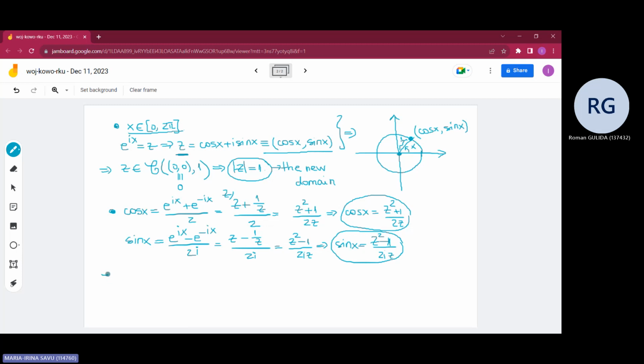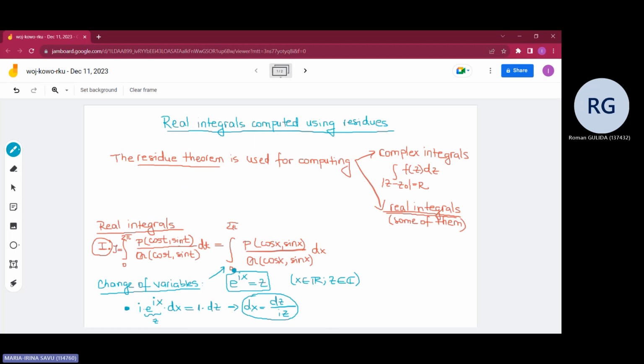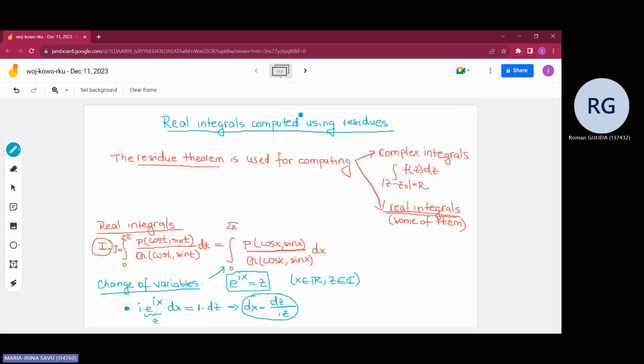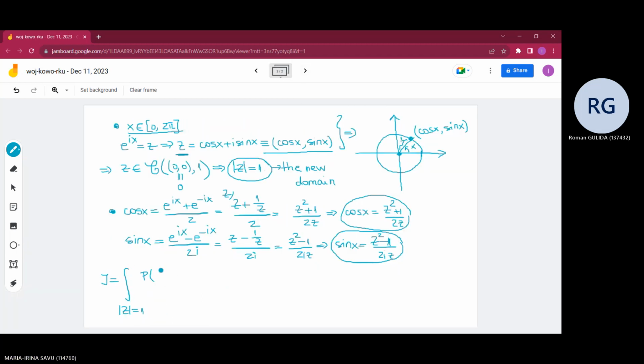And now I will have this integral. So instead of this domain, which is 0 to pi, you will have this new domain, which is modulo of z equals 1. Instead of p of cosine, you will put p of (z squared plus 1) over 2z and (z squared minus 1) over 2i.